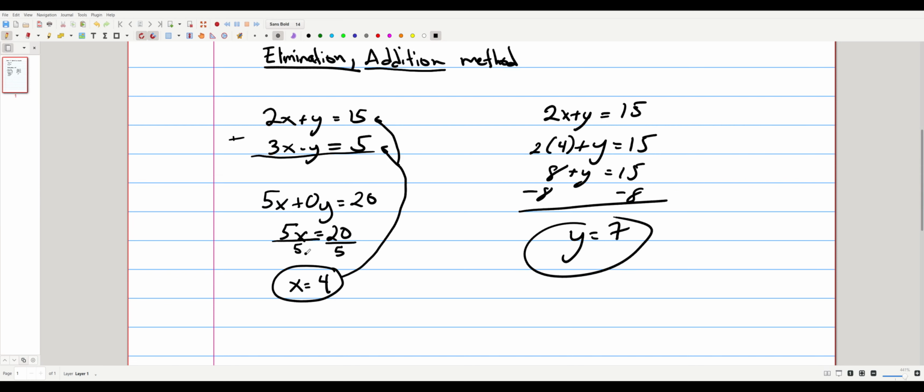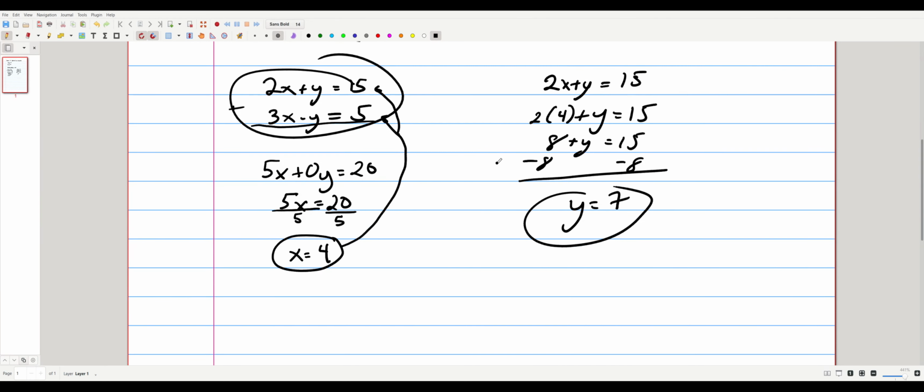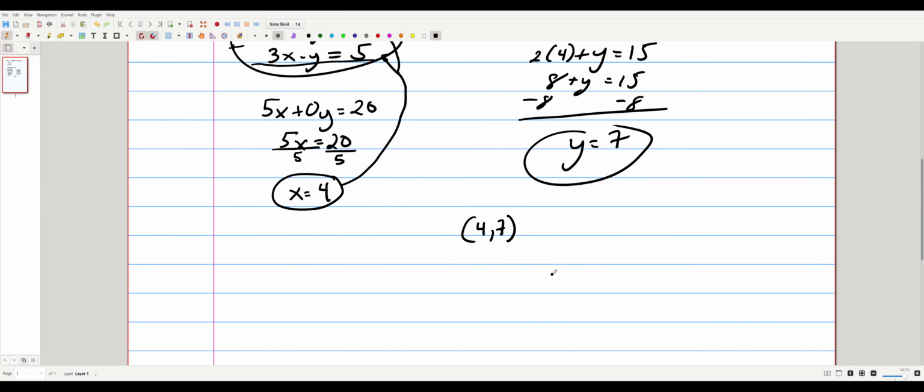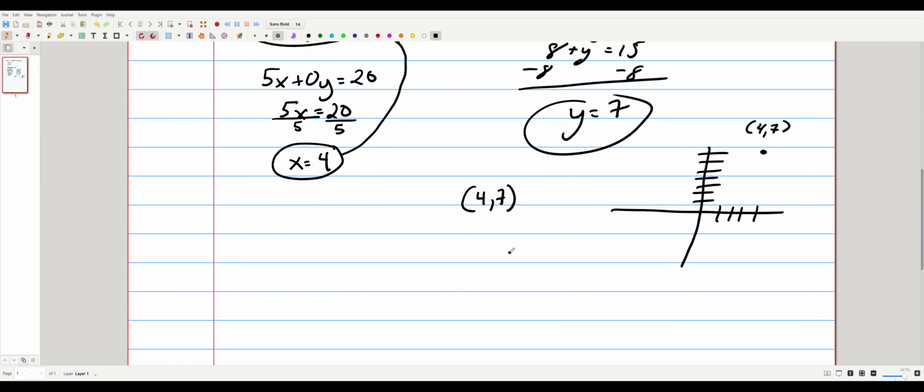So if these are our two equations, x is 4 and y is 7, which means these two lines intersect at the point (4, 7). So that's the idea. This looks like 1, 2, 3, 4, 1, 2, 3, 4, 5, 6, 7. And so both of these lines intersect at this point here. That's like the visual representation of what we're doing.